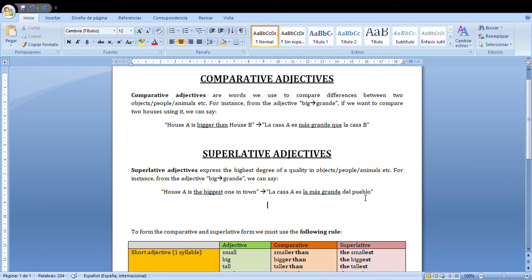Another example with the adjective clever, which is listo, okay, we could say Sergi is the most clever boy in class. Sergi es el chico más listo de la clase, okay? Always we're going to refer to the group of people, objects, or animals.